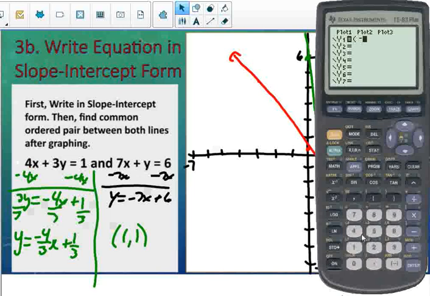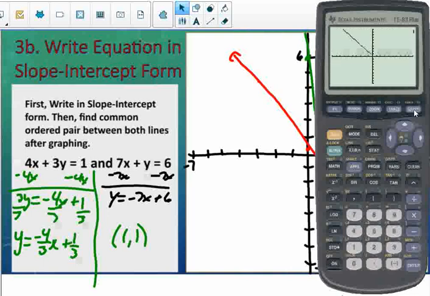So negative 4 thirds x, plus 1 divided by 3. The other one is negative 7x plus 6. And if I graph them, you see one point there, the other point right there, so ours is fairly close to what we had.